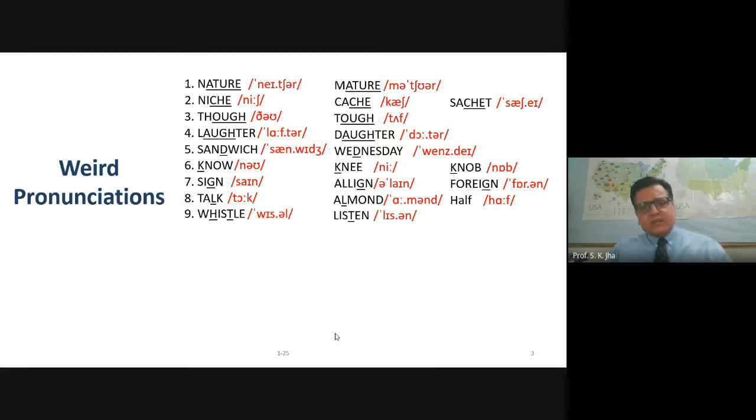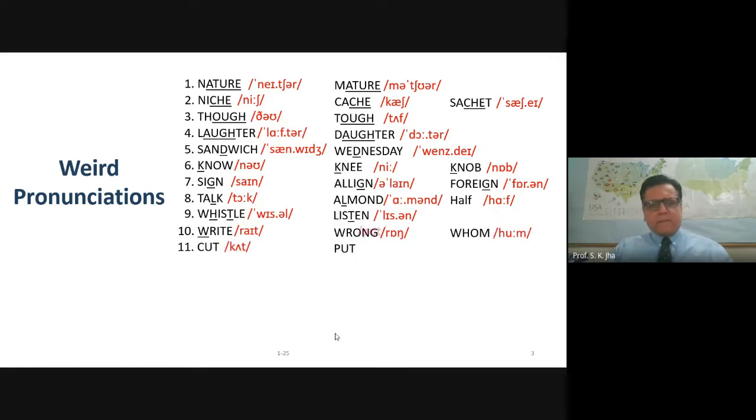So again, see a number of weird pronunciations I have for you. In index number 11, "cut" is pronounced cut, but "put" is not pronounced like "cut". It is put. But there is no rule for this.